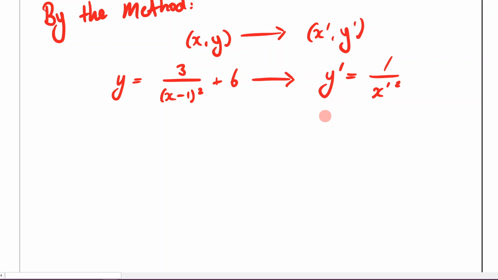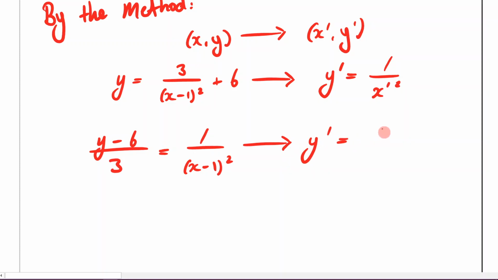The next thing that we do is what we normally do, and that is we rearrange this in order so it looks like this. So to get rid of this plus 6, I'm going to minus 6 from both sides, and then I'm going to divide this side by 3. So I'm going to end up with 1 over x minus 1 squared on this side, and over here I've got y dash is equal to 1 over x dash squared.